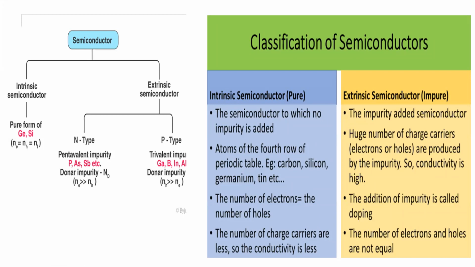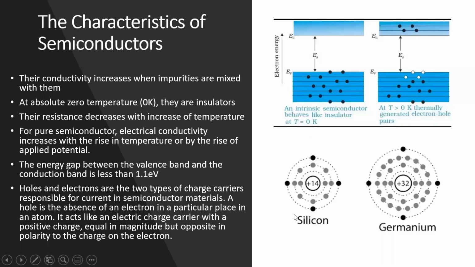So all these atoms behave like intrinsic semiconductor, and the number of electrons is equal to the number of holes in an intrinsic semiconductor. Why is it so? Because here we saw that in an intrinsic semiconductor, the electron from the valence shell jumps to the conduction band, so from the valence band to the conduction band.